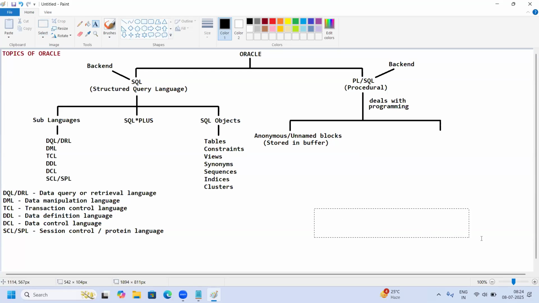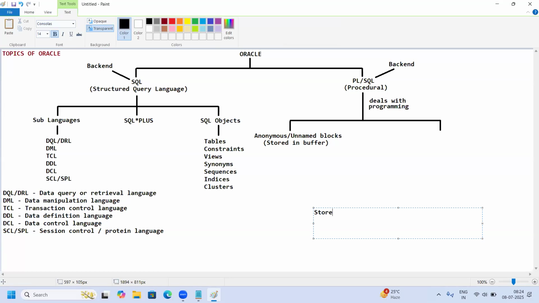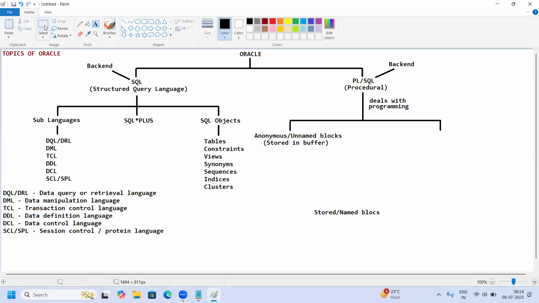And second, we have stored or named blocks.